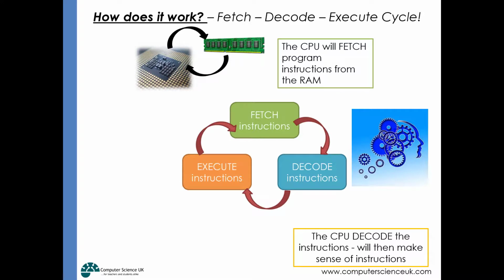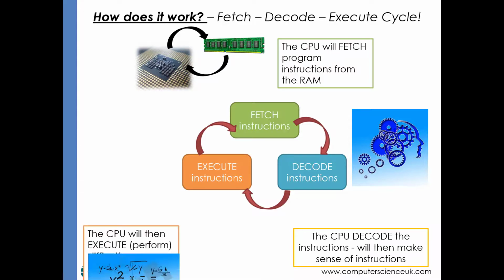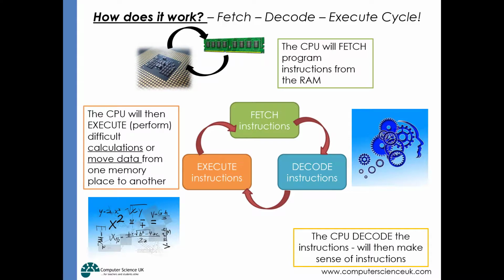Once it's fetched that instruction, it needs to make sense of it. Now, the decode stage is where it makes sense of the instruction. So it decodes the instruction. It understands what the instruction is going to be for. And once it's understood the instruction, the CPU is going to execute the instruction.